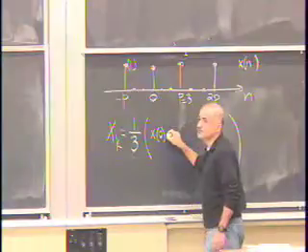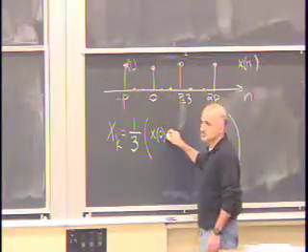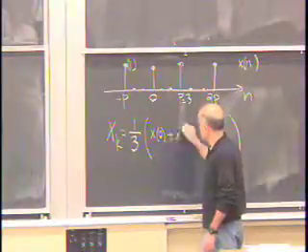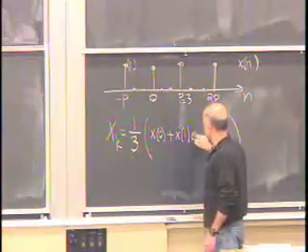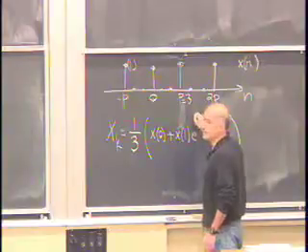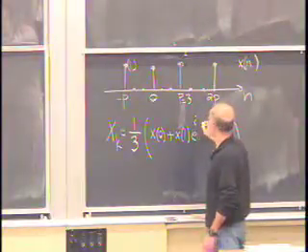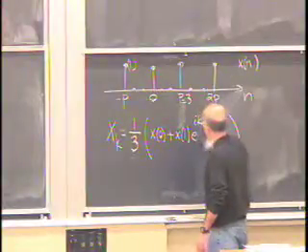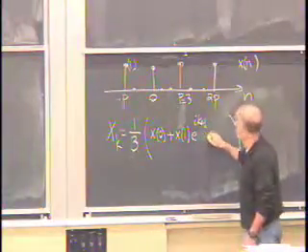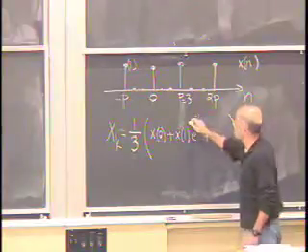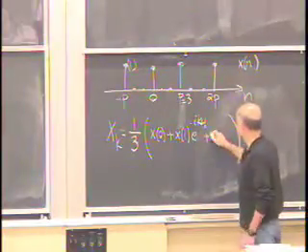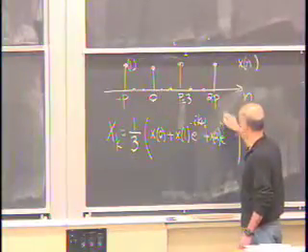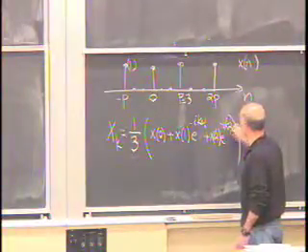Times e to the i 0. So plus x sub 1 e to the i k, well, yeah, k omega naught. Negative, yeah. x2 e to the i k 2 omega naught.